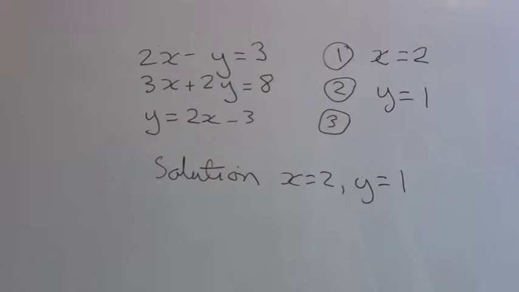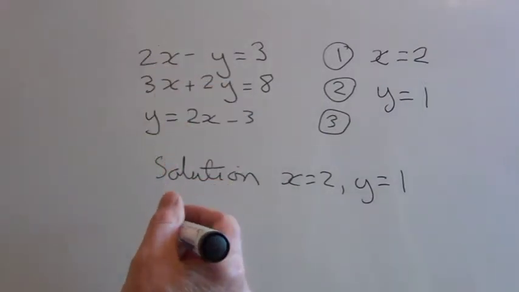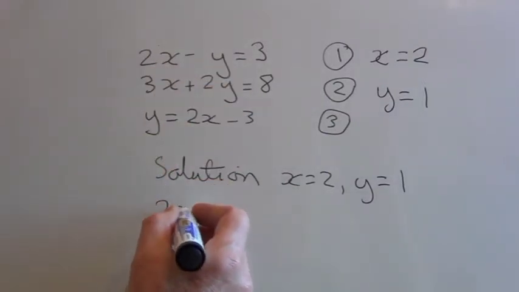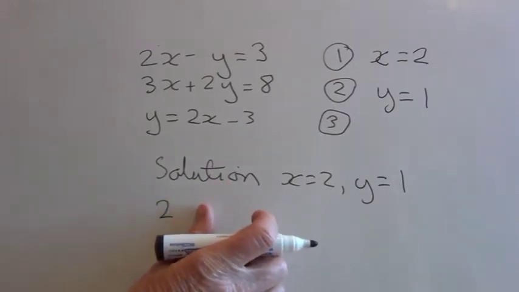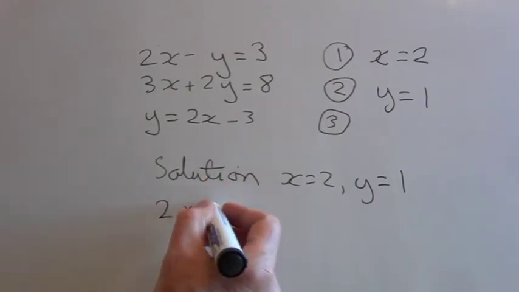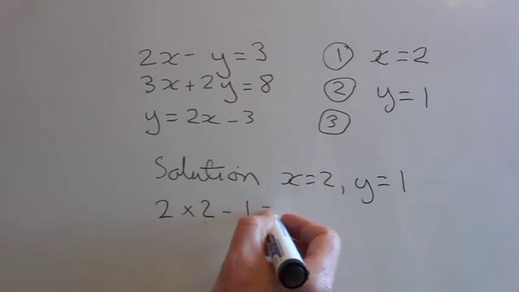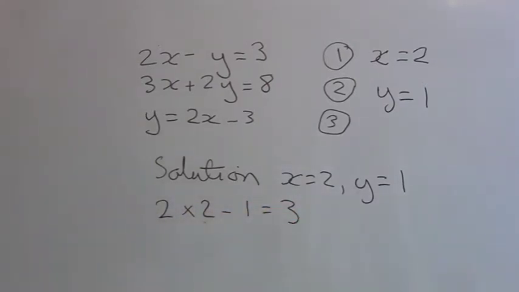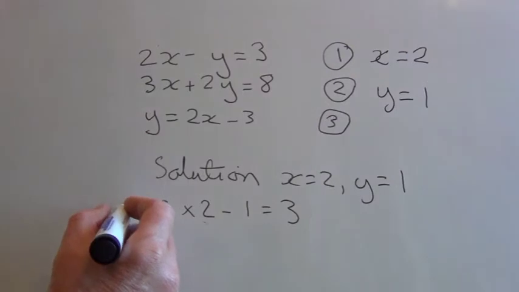So when x equals 2, y equals 1 in equation 1, we'll say 2 times 2 minus 1 equals 3, and that's right. So that's for equation 1.